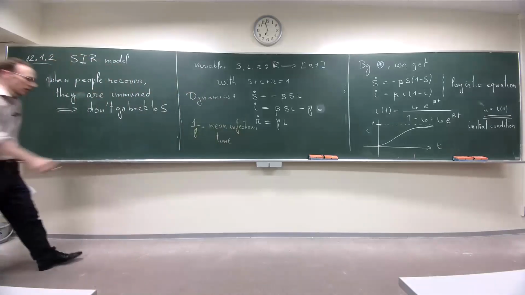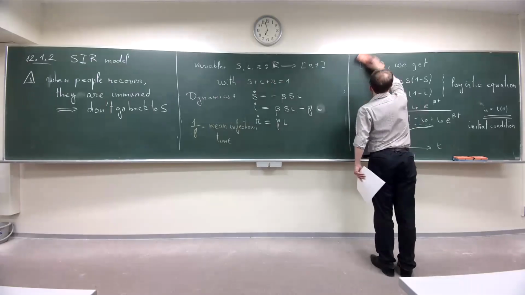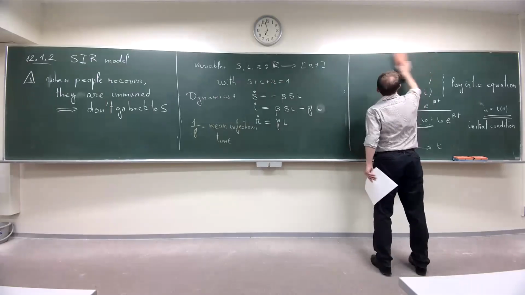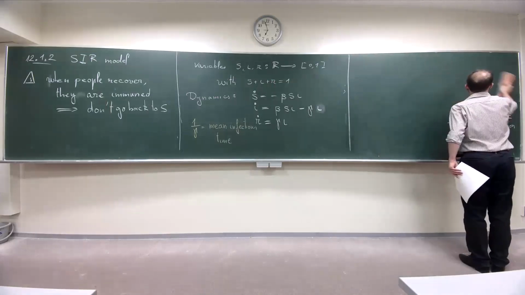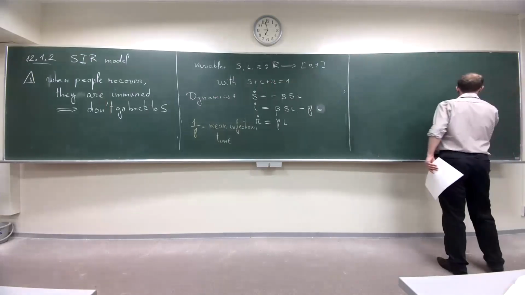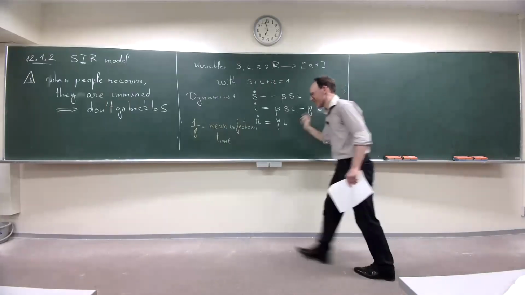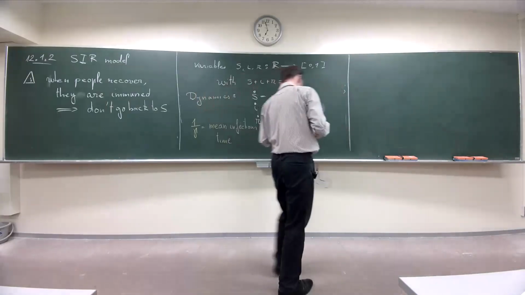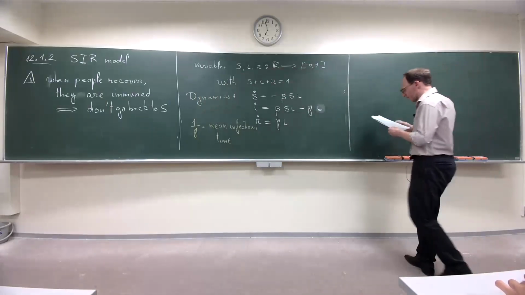This model is not perfect for the following reason. There is a way to correct it, and Alberto is going to write a report on it. I will tell you what you are going to work on. So why is it not perfect?